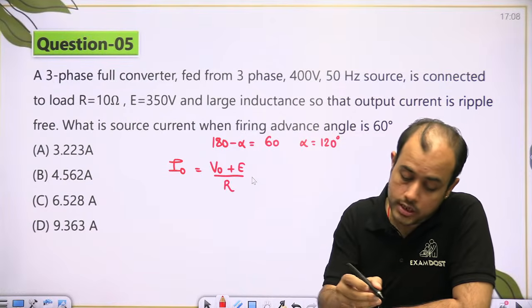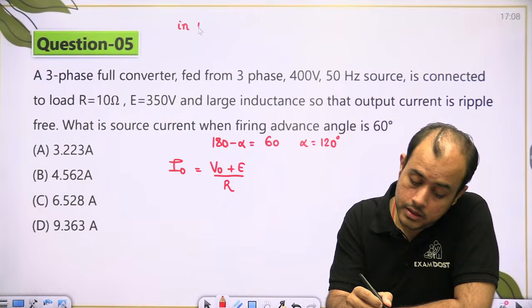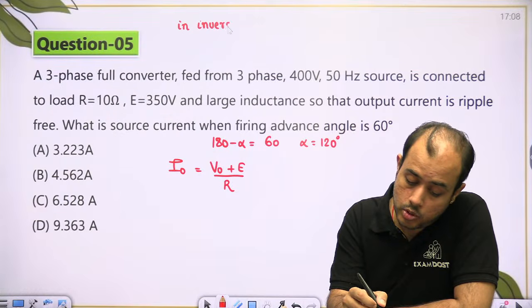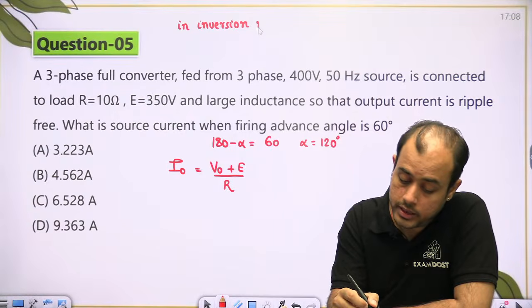Sir, why not V naught minus E by R? In inversion mode, listen to this carefully.